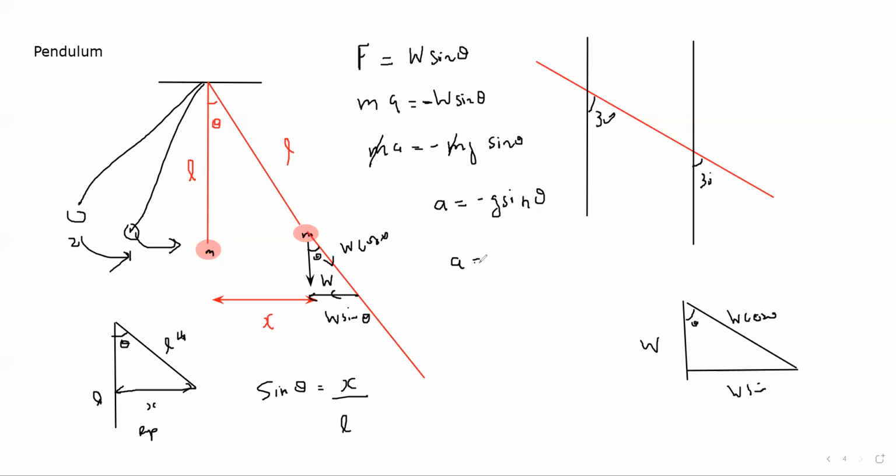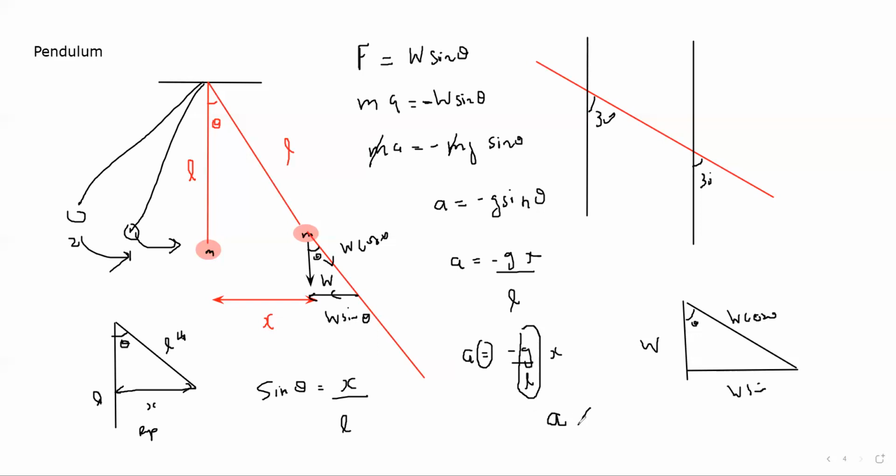So I can say A is equal to minus g, and in place of sin theta I wrote X divided by L. So A is equal to minus g divided by L into X. You can see gravity is constant, and the length of a pendulum is constant. So when a constant and an equal to sign are there, I will replace it with a proportionality sign.